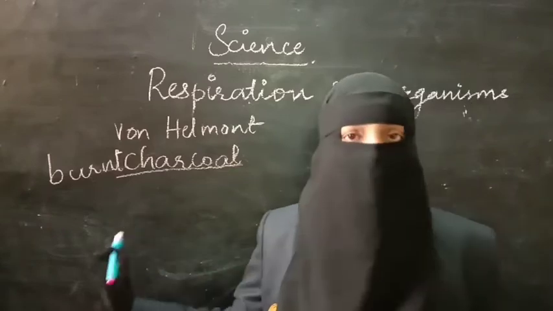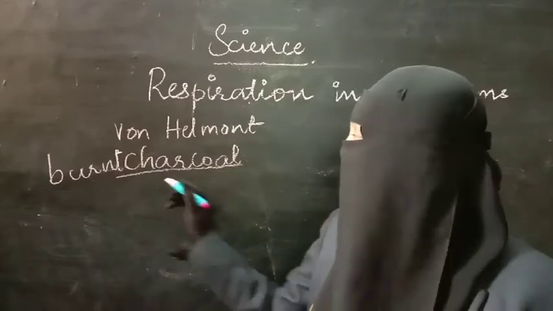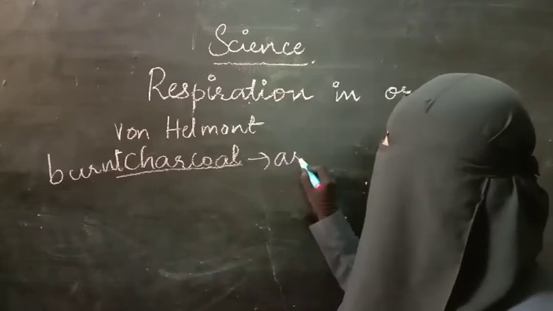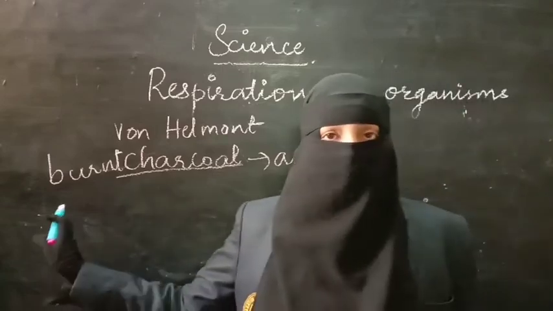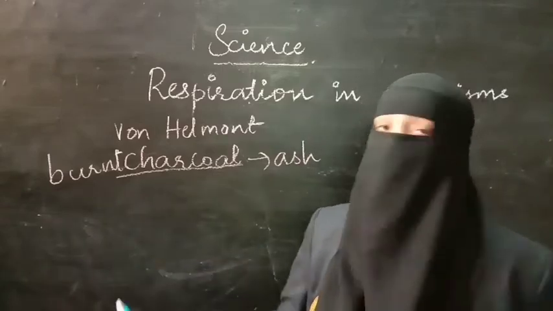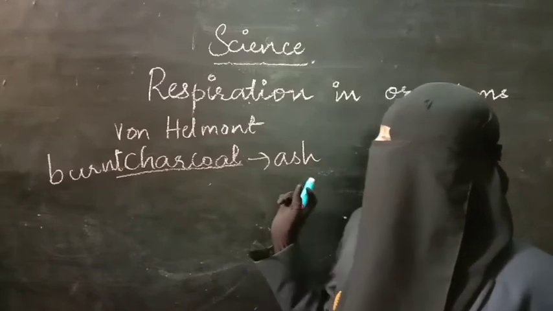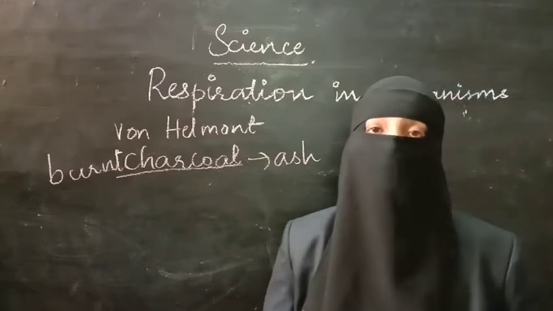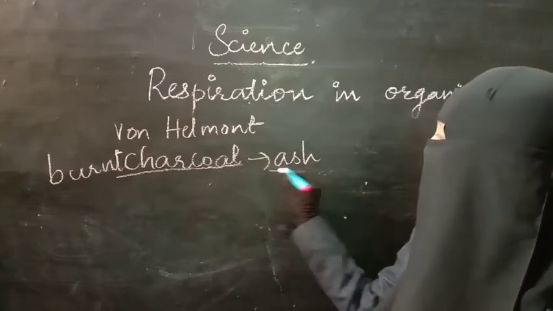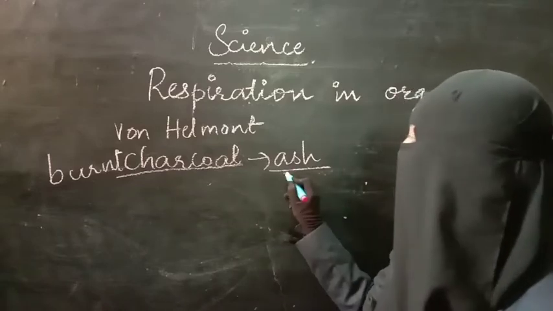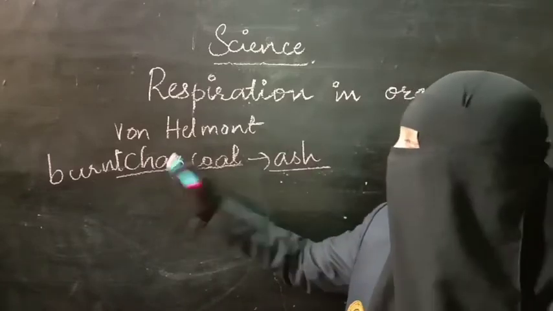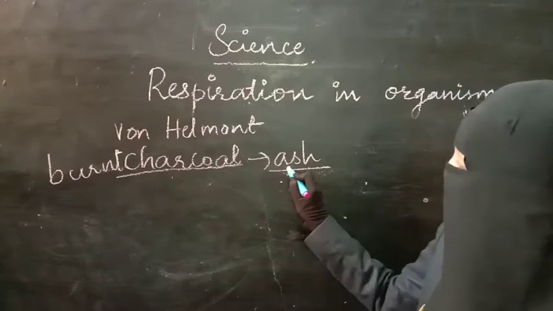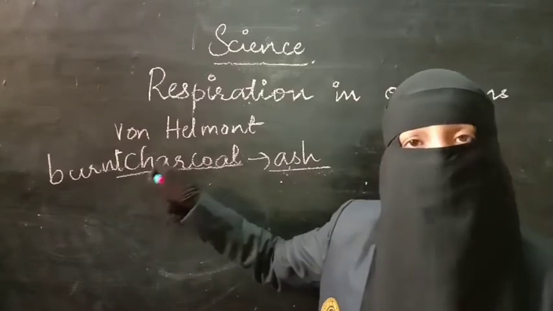When he burnt the charcoal, he found that charcoal had converted into ash. And he also found, when he measured the weight of this ash, that it is less compared to the charcoal.